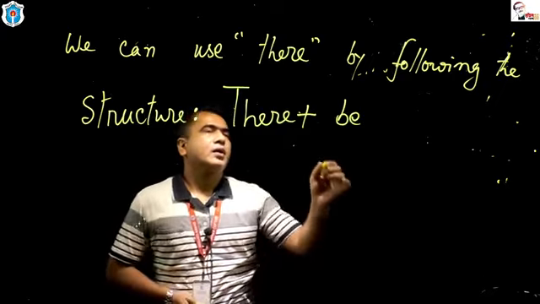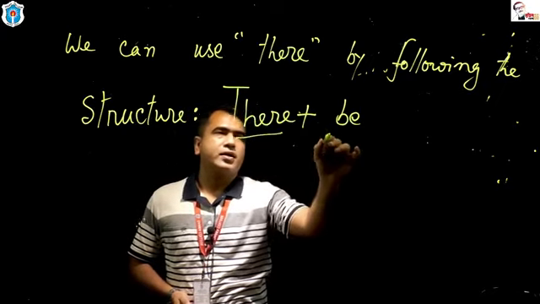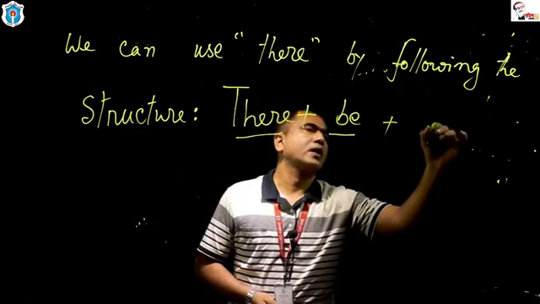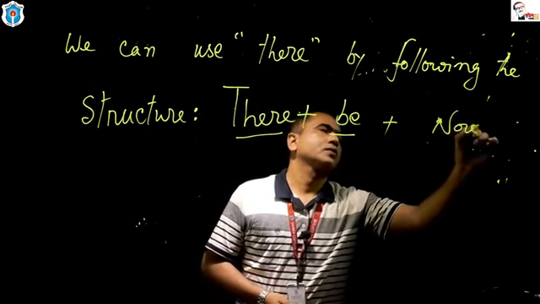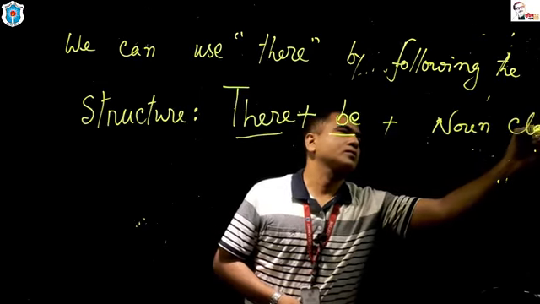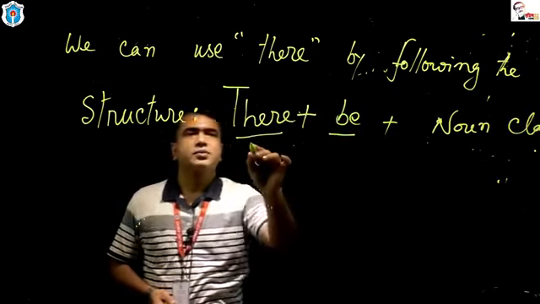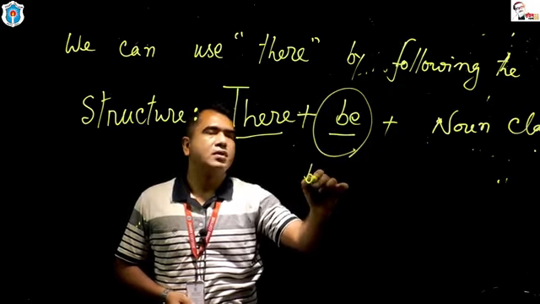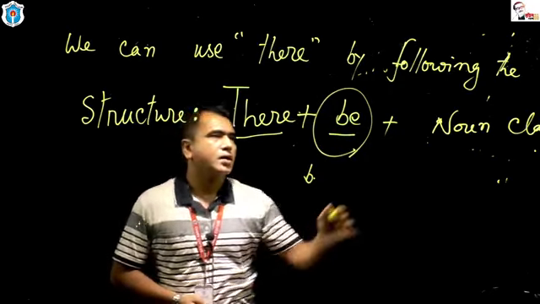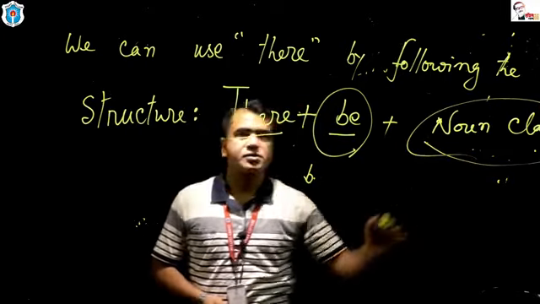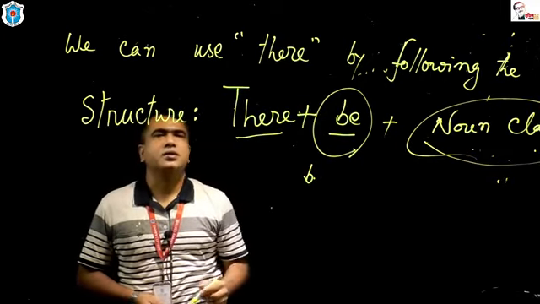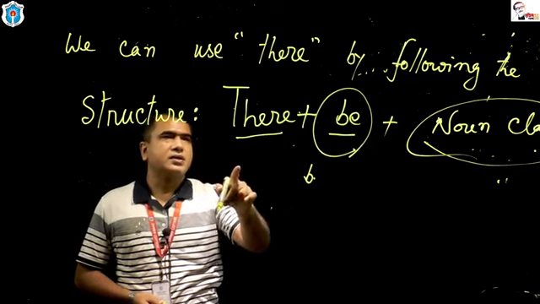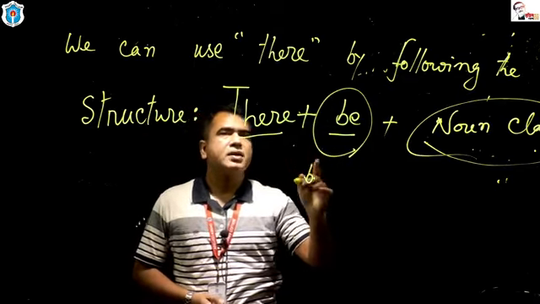Generally, after using there and the be verb, the sentence will follow a noun clause. So we will use the tense or form of the be verb by following the noun clause. We should follow the noun clause if we want to use there with the be verb correctly.